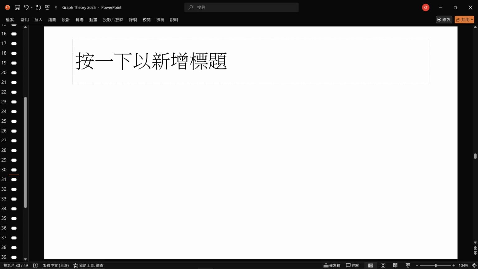So because every component is a tree, this implies the number of edges in every component equals the number of vertices minus 1. Okay? So say you have a tree and the tree has say 3 vertices, right? Then the number of edges in this tree must be 2.